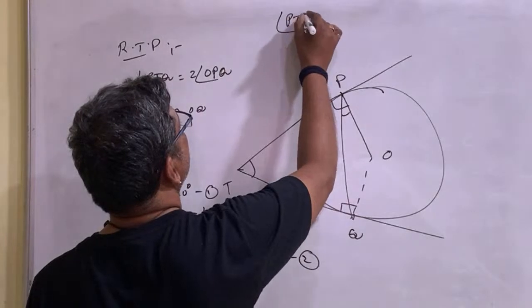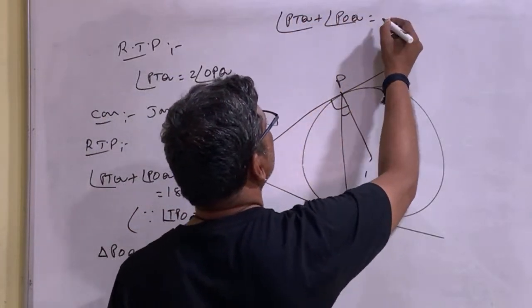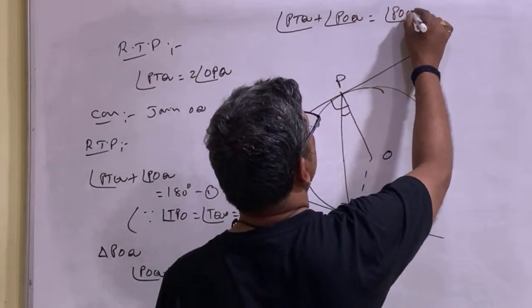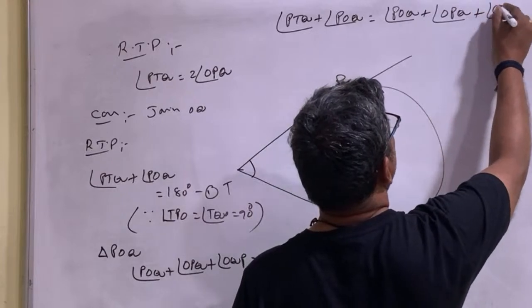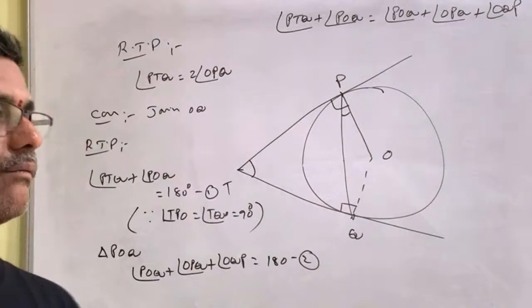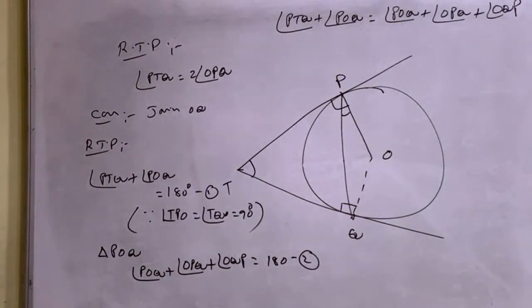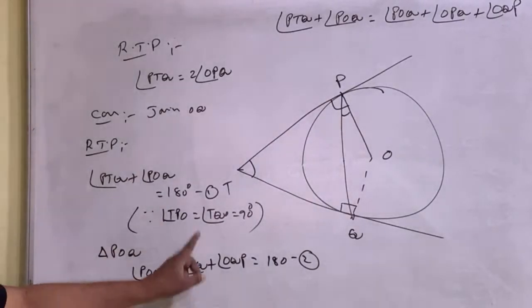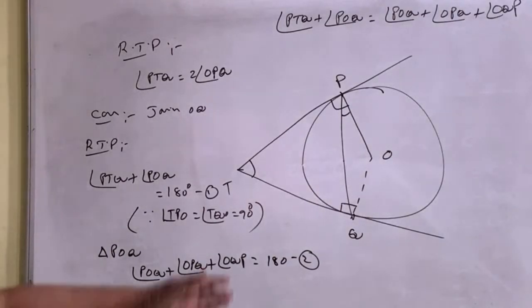Angle PTQ plus angle POQ equals angle POQ plus angle OPQ plus angle OQP. From the first and second equations, we can conclude this.